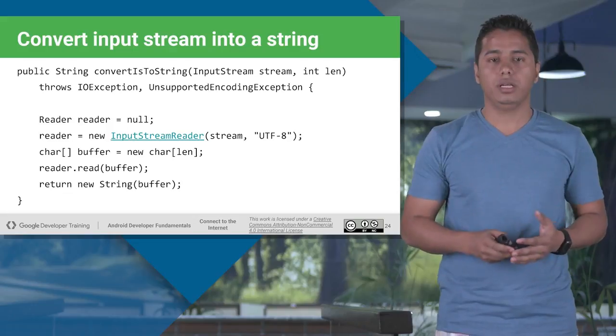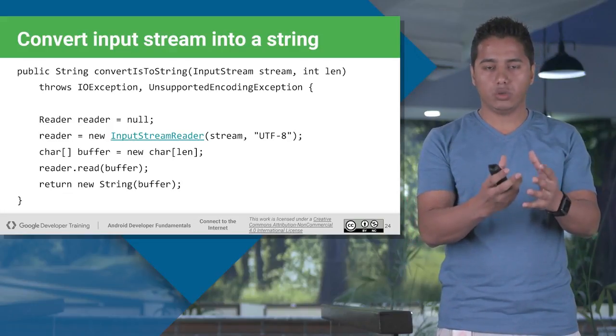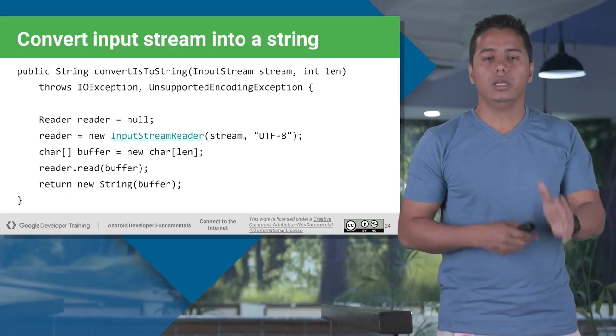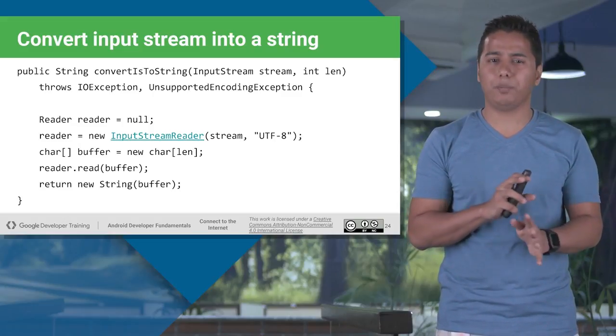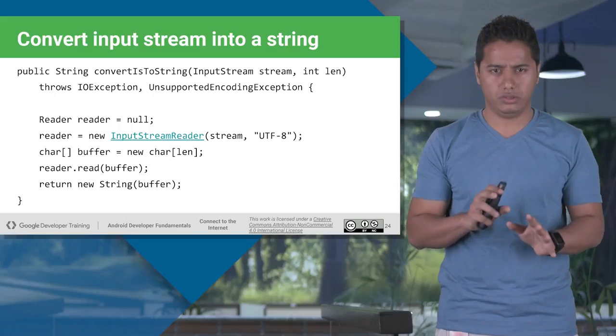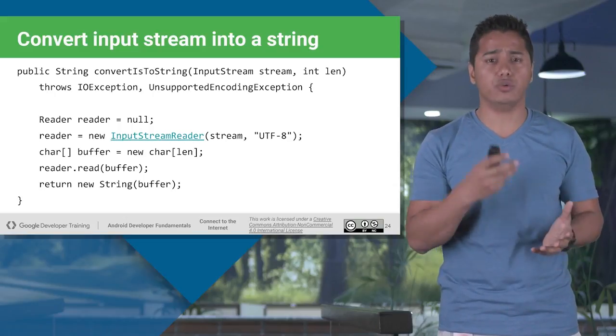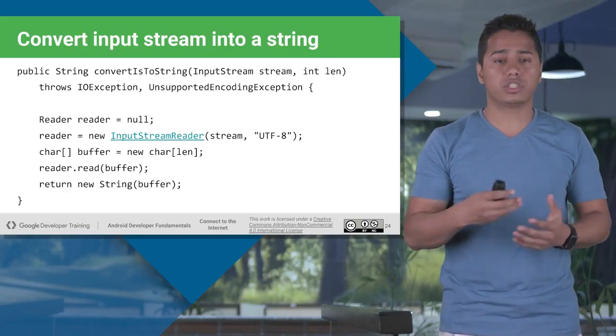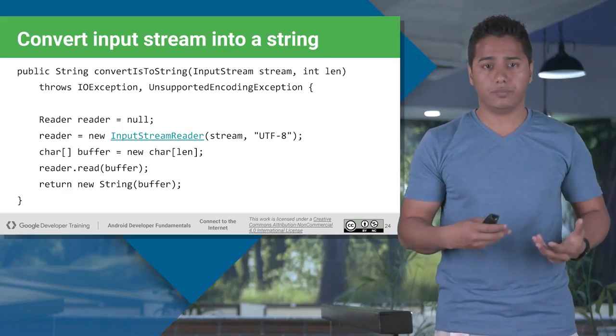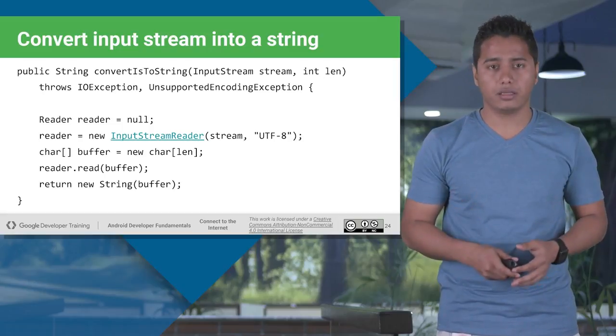So in this particular method, you can see whatever the data you were getting in the form of input stream, now you are converting it back to your string. It's just plain Java. Whatever you were doing in your Java, you will be using the same classes, the InputStreamReader class. You will provide a buffer, and you will start reading from that InputStreamReader, and then return the string back.